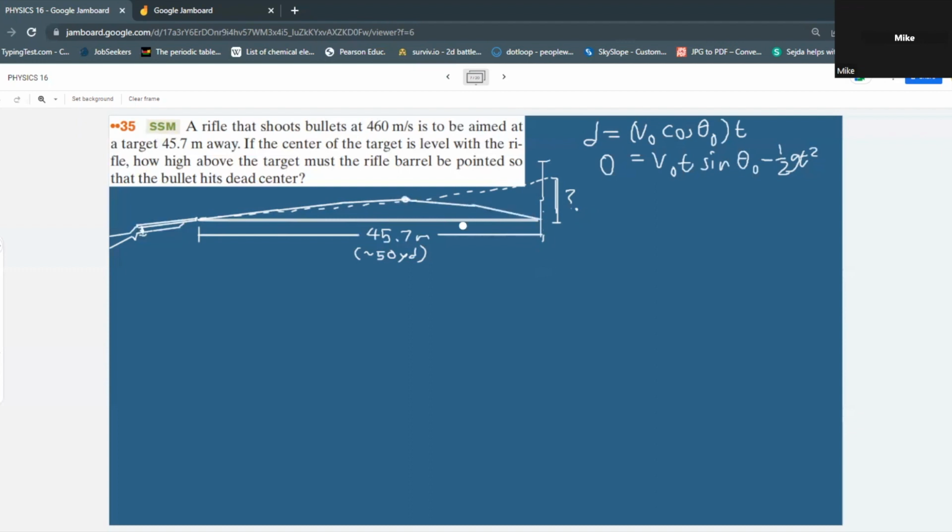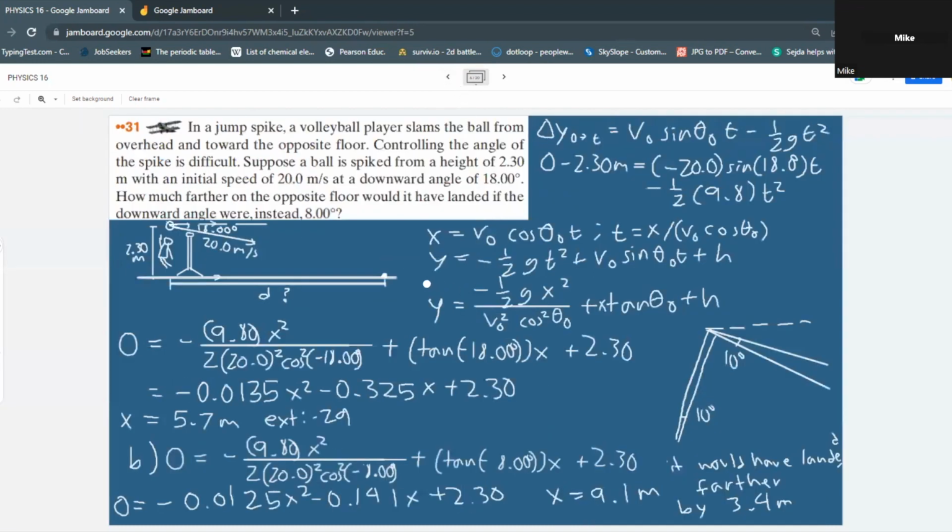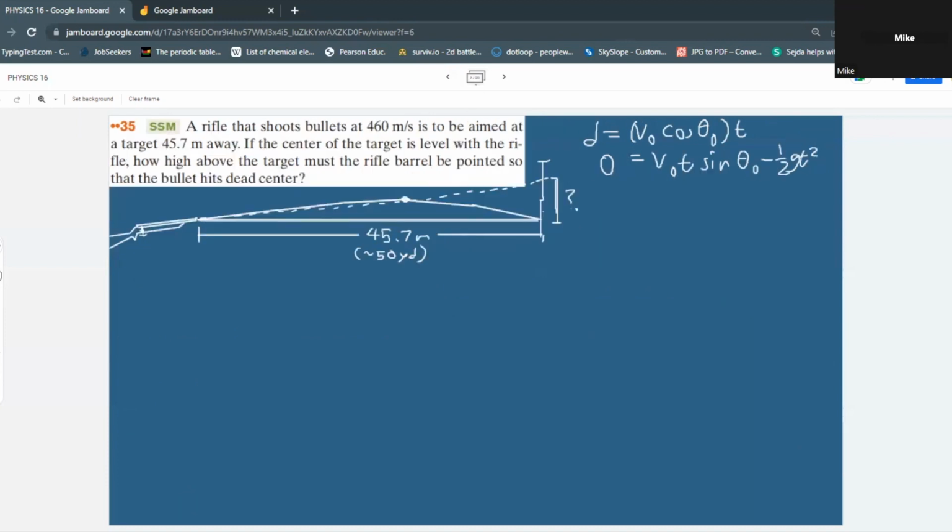Okay. Now, let's go back to what we set up, the position, y versus x. Quick screenshot. You can't just screenshot your previous solution.